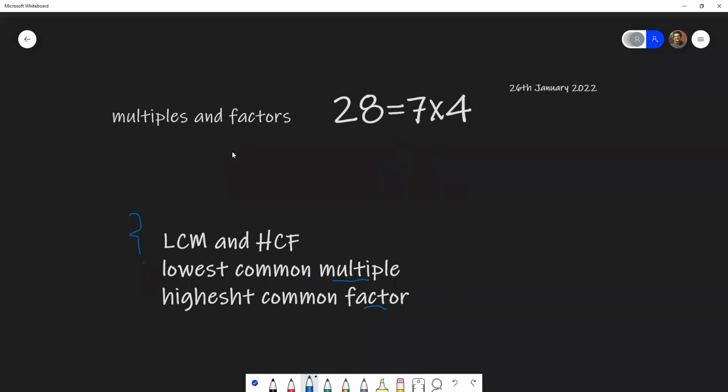Sir, 28 is the multiple, 7 and 4 are factors. Good. 28 is a multiple, 7 and 4 are factors. Correct.